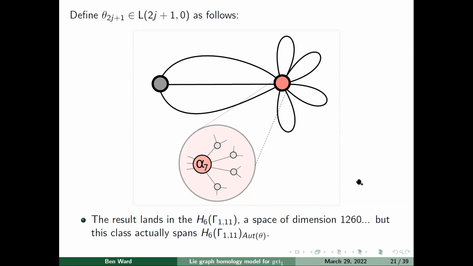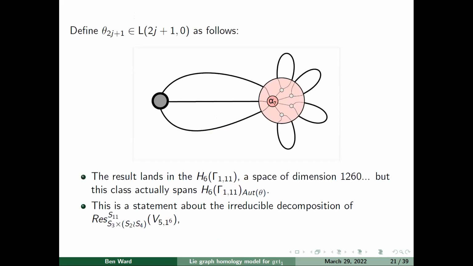The result is only one-dimensional. That's the first result, just a calculation of representation theory. And this class will actually span it. So this class is non-zero when passing to the covariance, and that works for all J.